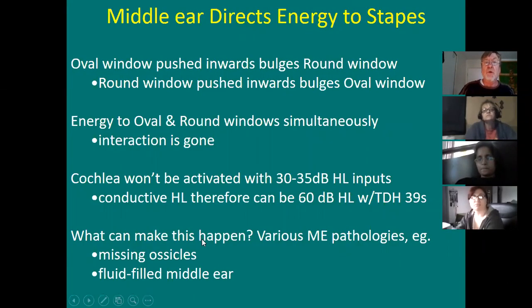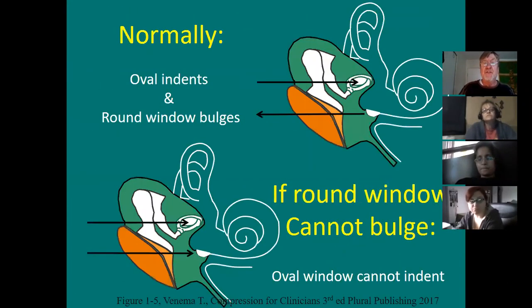So if the round window cannot bulge, if this is held stiff, because this whole area, you see my cursor? Pretend that's filled with pus. The child has a middle ear infection, and this is totally filled with pus.